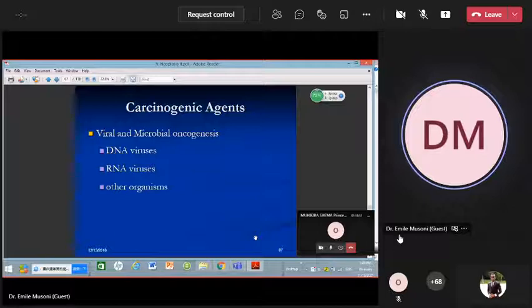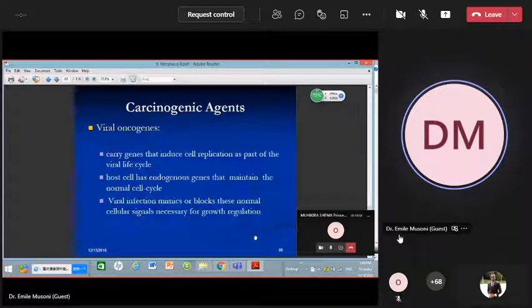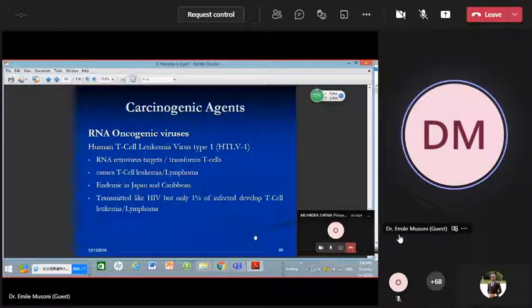Some microbial agents are DNA viruses, RNA viruses, and other organisms. Viral oncogenes are those genes that induce cell replication as part of the viral life cycle. The host cell has endogenous genes that maintain the normal cell cycle, and the viral infection mimics or blocks those normal cellular signals necessary for growth regulation.